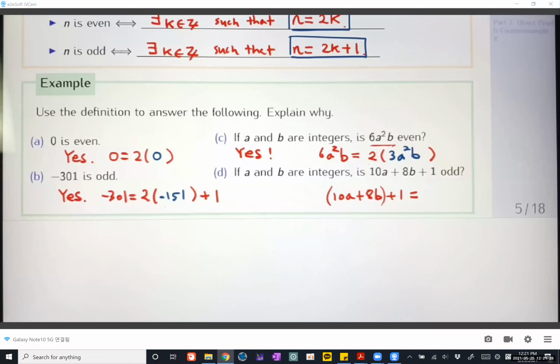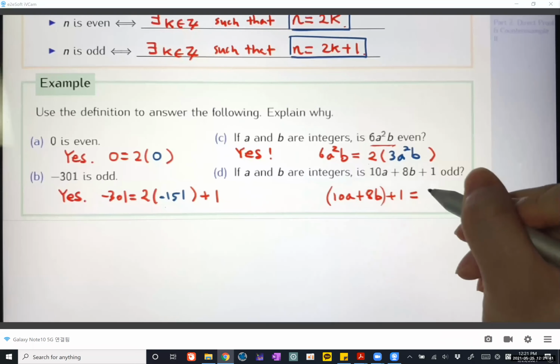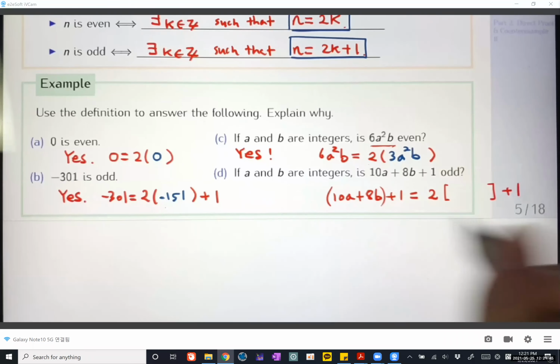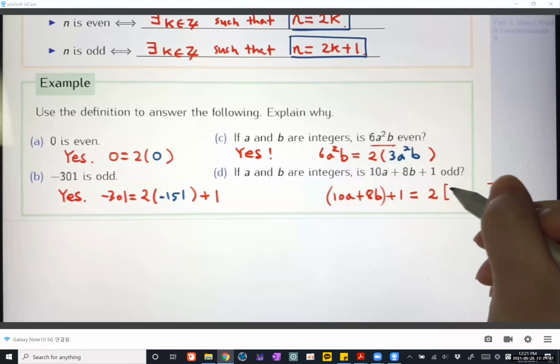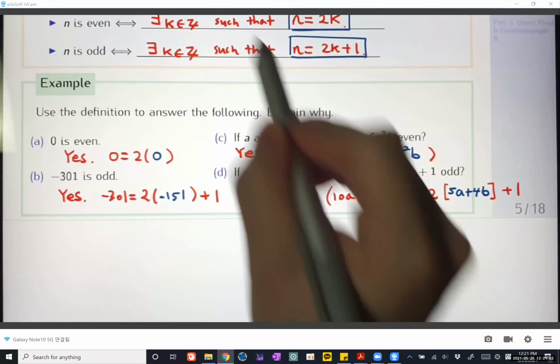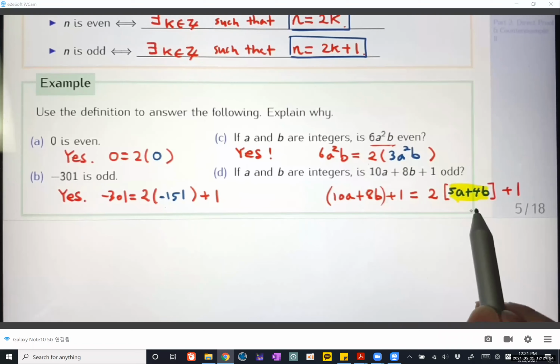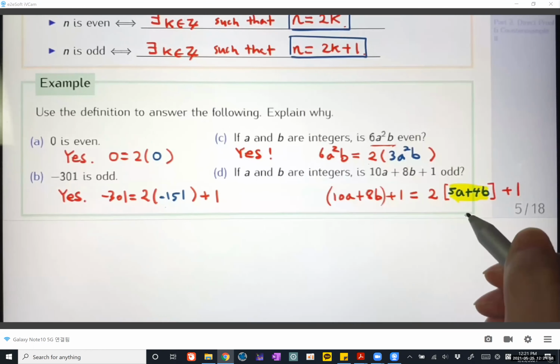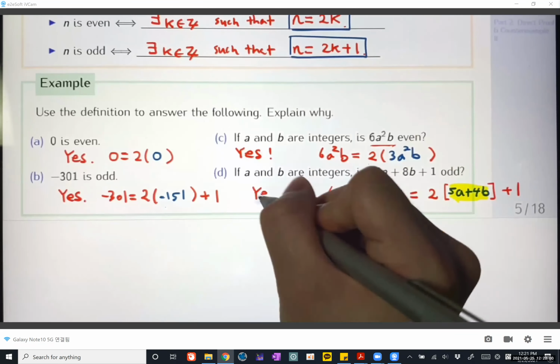The common factor is 2. So if I take out 2 and write the bracket something plus 1, and that something is 5a plus 4b, surely 2 times some integer plus 1 is an odd integer. Do you guys agree? So it's actually yes.